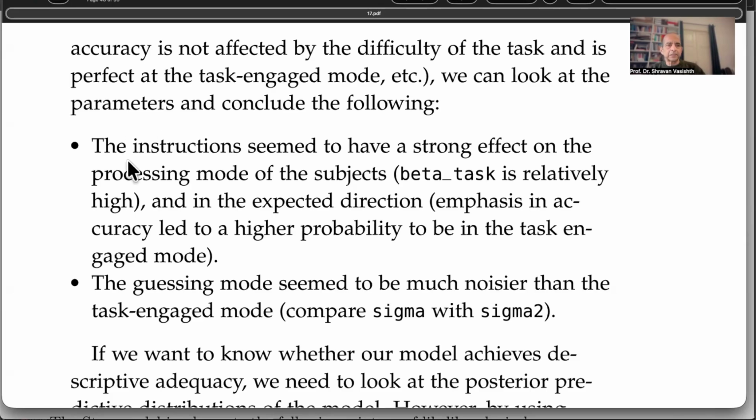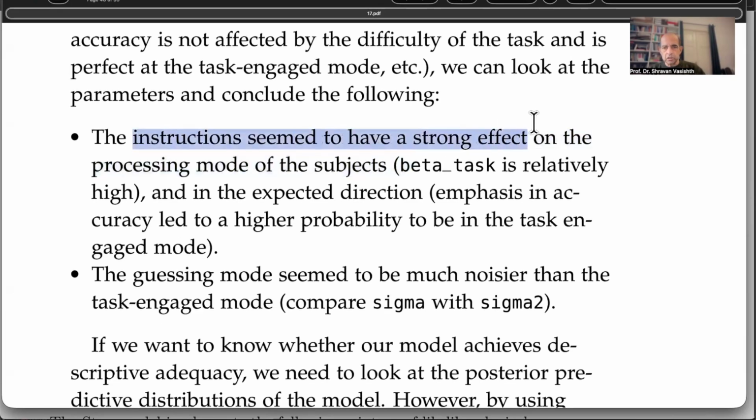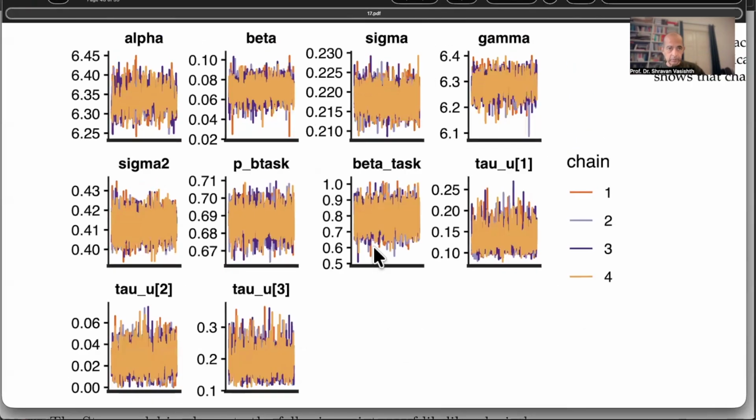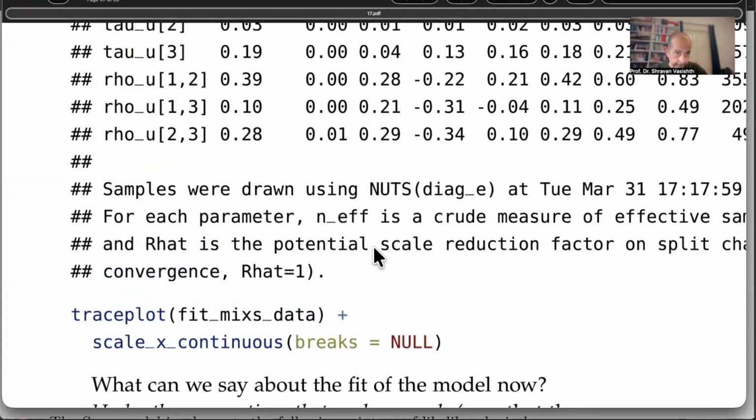So it seems that the instructions have a strong impact on the processing mode of the subject. If you look at the beta task parameter, which tells you the effect of instructions, the value is pretty high and it's in the expected direction. So that means if you emphasize accuracy, you get a higher probability to be in task engaged mode. See that here?